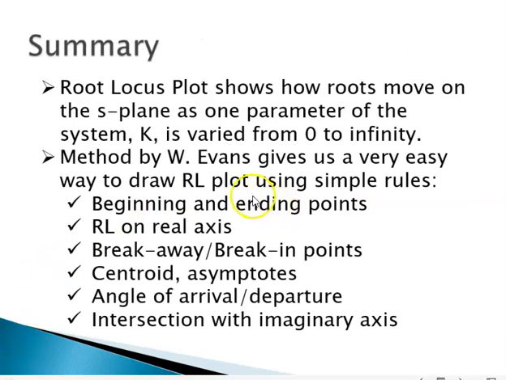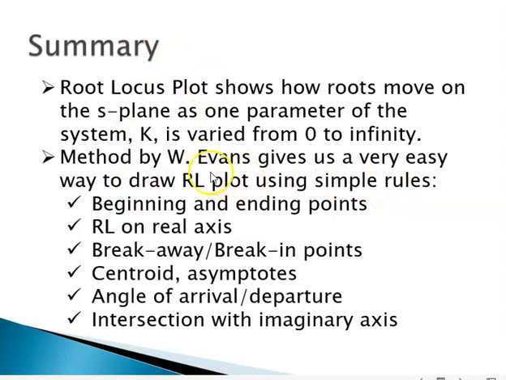With that, we will summarize by saying that the root locus plot allows us to draw the roots of the characteristic equation, observing the poles and zeros of the open-loop transfer function. So from the open-loop transfer function to the roots of the characteristic equation, that is what we are going to see.